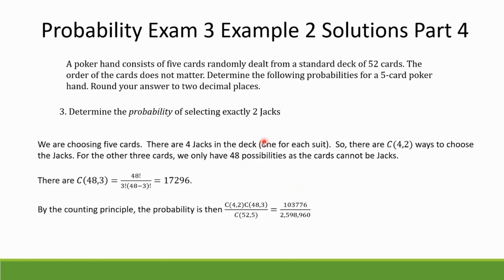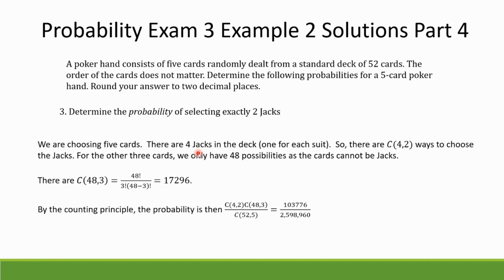Namely, for 2 jacks, again, there's 4 jacks in the deck, 1 for each suit. So how many ways can we get 2 of them?